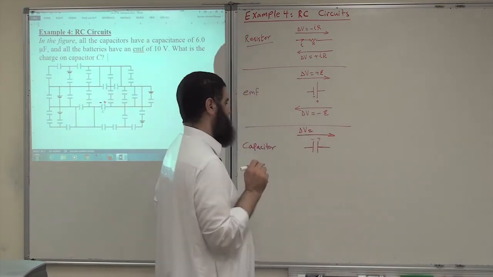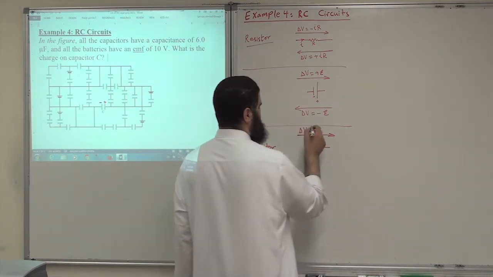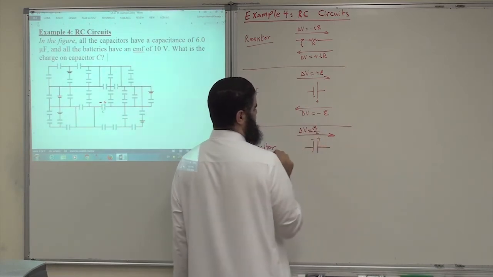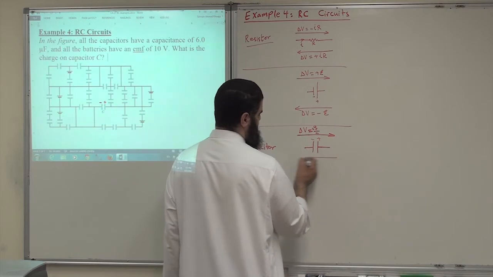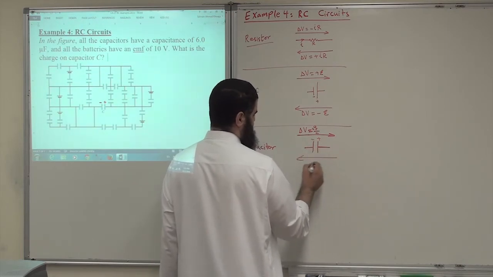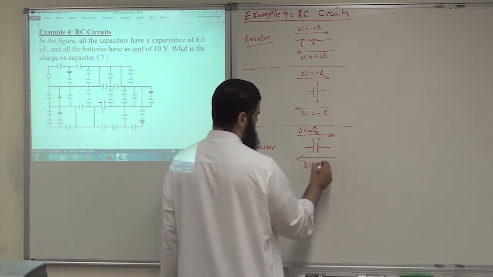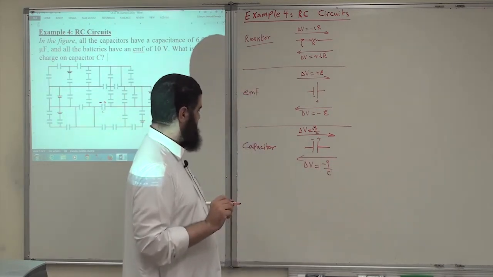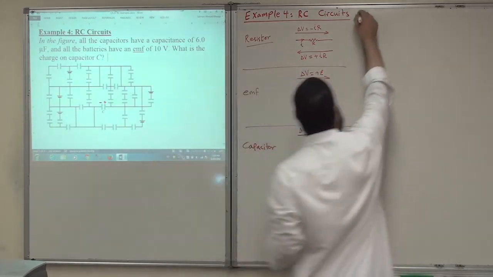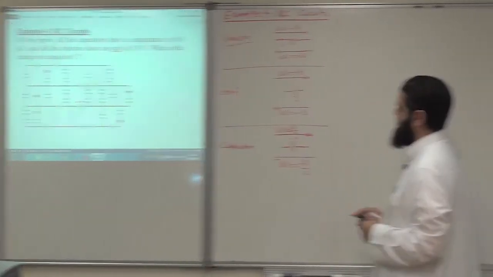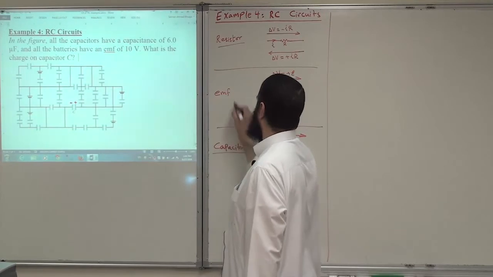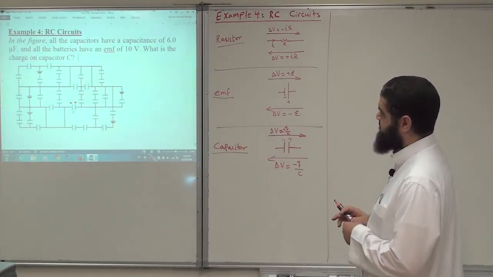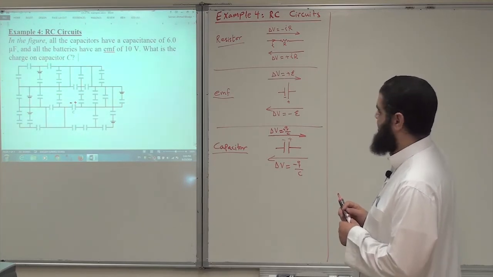The potential increase here is plus Q over C. If you go from positive to negative, delta V will be potential drop, minus Q over C. This is just a quick review of the Kirchhoff voltage rule, and let us apply it here.